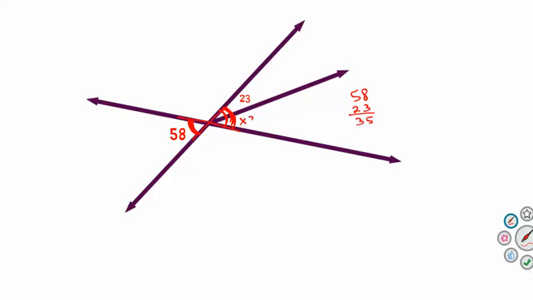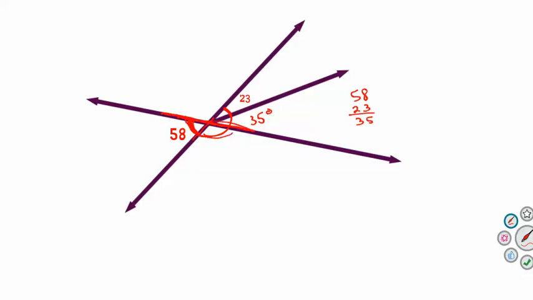So that means this angle here has to be 35 degrees. If I were to add these two angles together now, they should add up to 58. That's how I know that they're vertical angles, okay? Now, because I know this information, I can also figure out this angle here. Here's my straight line, so I know that this is already 58.